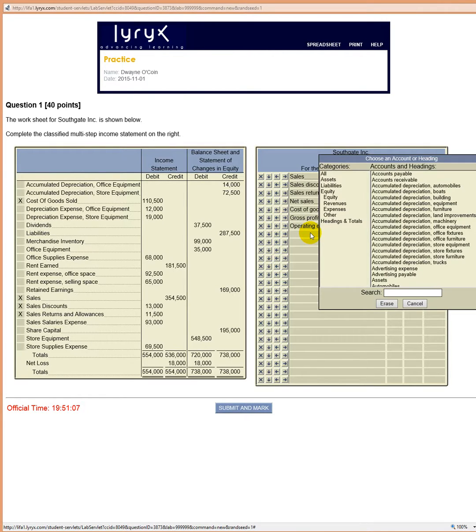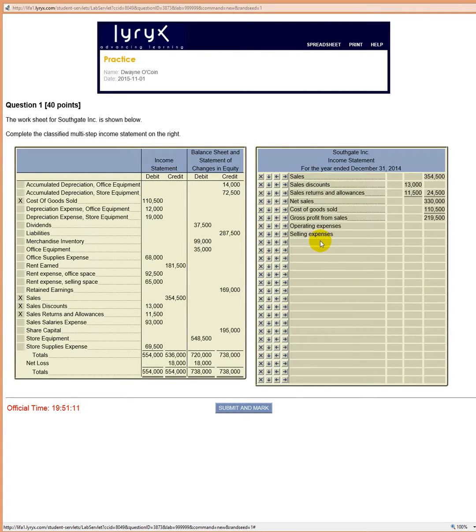And we're going to start with selling expenses, and those selling expenses will be listed below here. Then we calculate them in this column, and then add them together in this column to come up with the total operating expenses for the right-hand column over here. So selling expenses, what kinds of things would qualify as selling expenses?